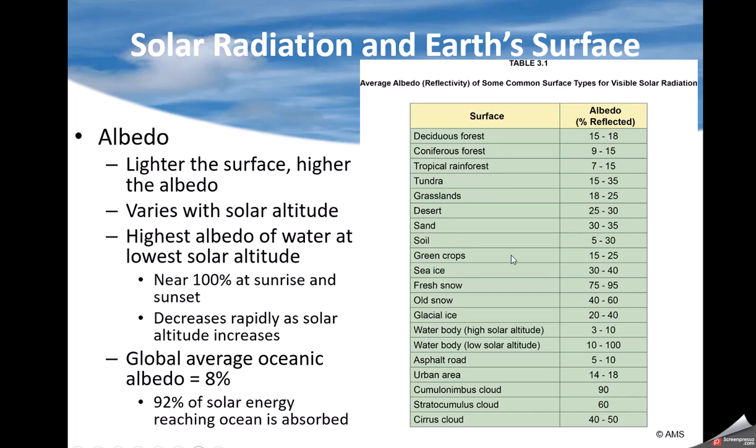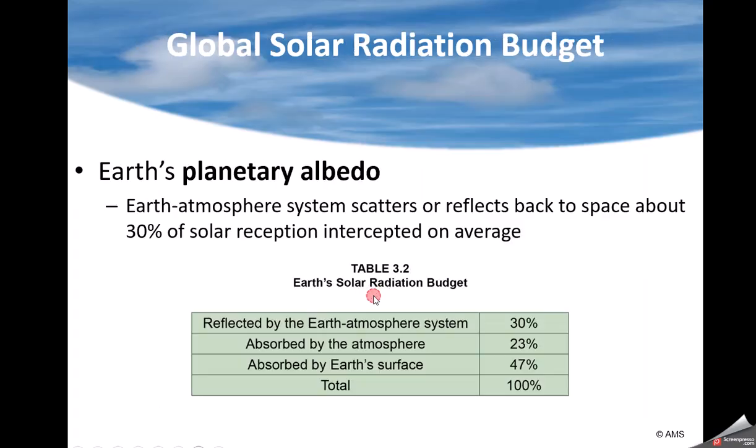Albedo. Interestingly, here you can see the different albedos. Old snow, fresh snow, 95% of the sun's light is reflected. Now, if you have water, only 3 to 10%, so it's not much at all. So here is the table of actually how it works.